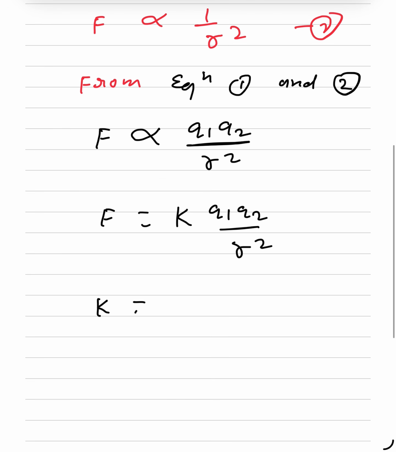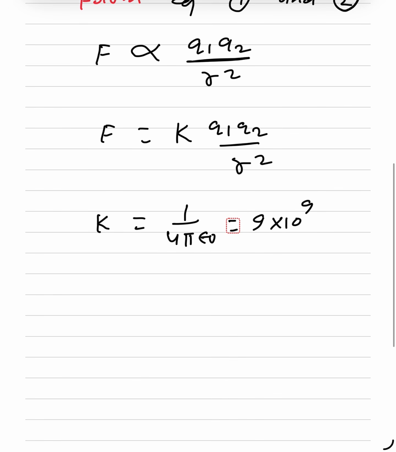K is an electrical constant, K equals 1 by 4 pi epsilon naught, which means 9 into 10 power 9 for vacuum or air, right?